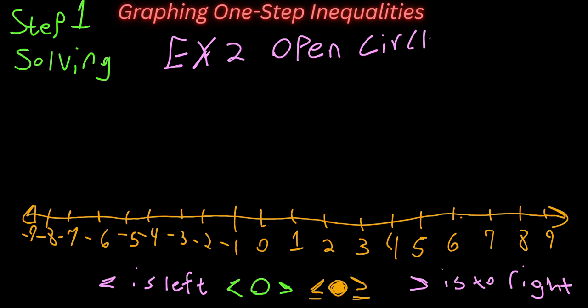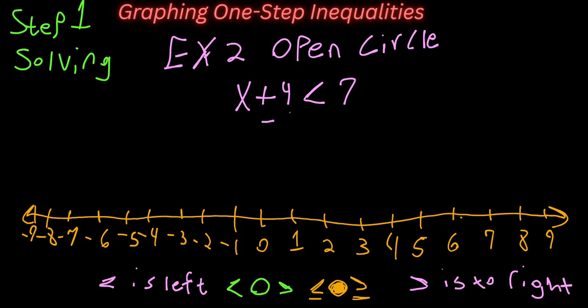So if we have an open circle, before I even proceed, what type of inequality symbol will we have? The type we will have will be the one which does not represent greater than or equal to or less than or equal to. And we're gonna do x plus 4 is less than 7.